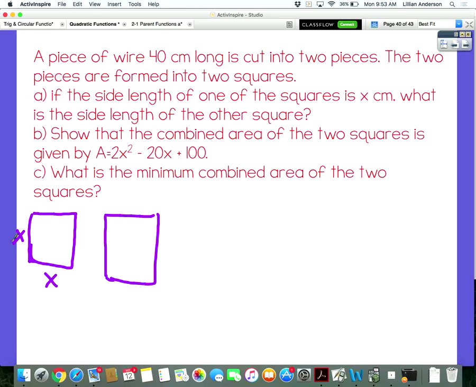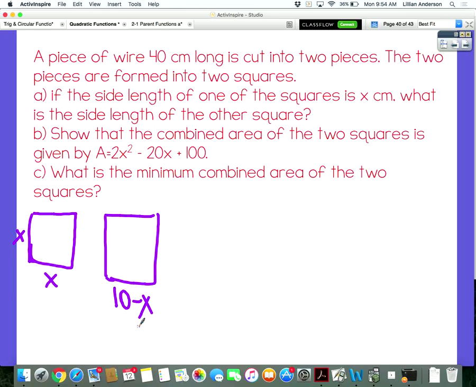What's the longest one side could be if you have 40 centimeters of wire? 10. So the longest that any side of either of these squares could be is 10. If you already know that one square's side length is x, the other one would have to be 10 minus x. Questions on that? That's your answer to part A.